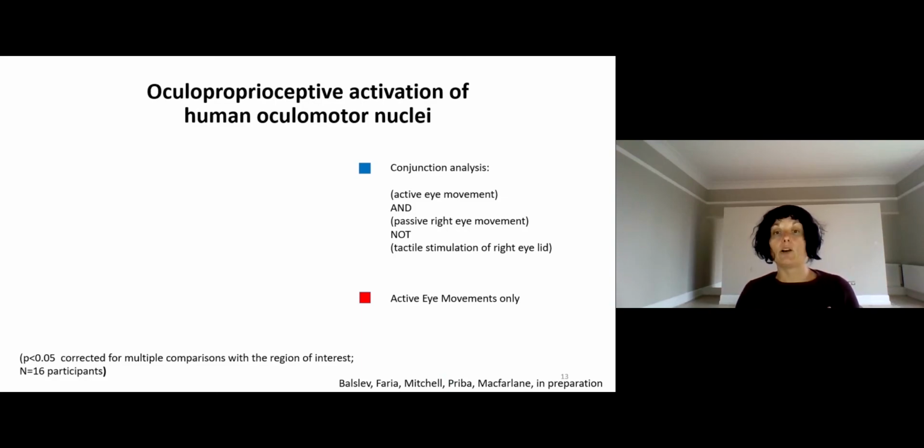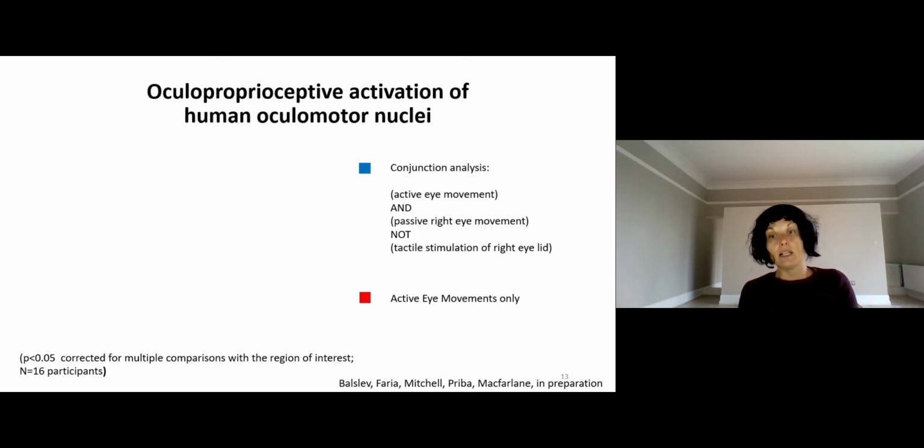And also because these structures are very close to pulsating blood vessels. Imaging the brainstem requires special methods, and therefore among our co-authors for this study were two physicists, Lucas Priba and Jennifer McFarlane, who designed the data acquisition procedure.